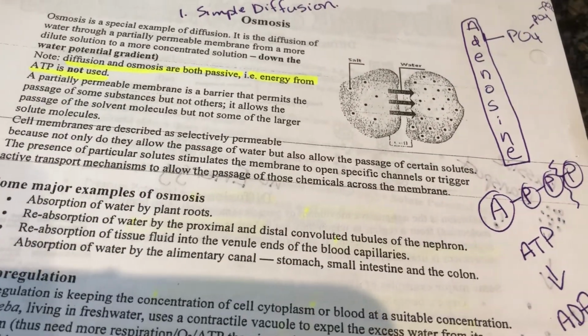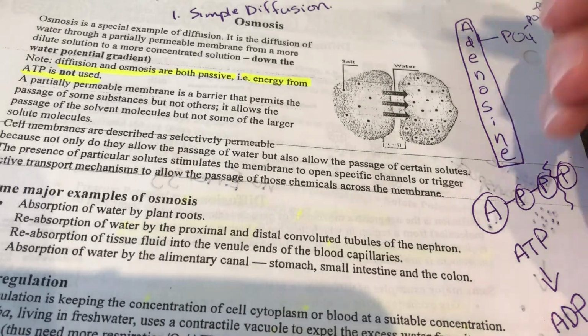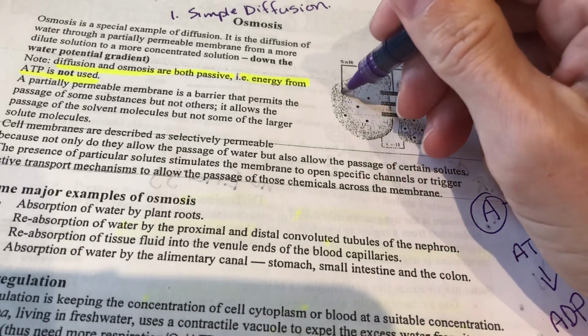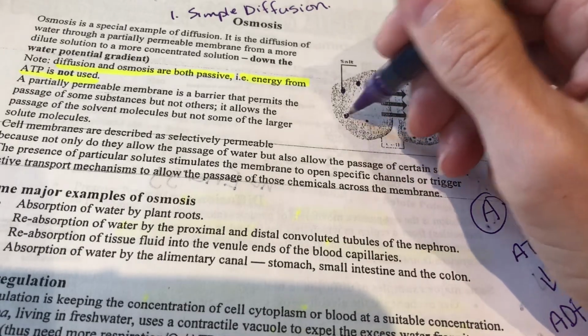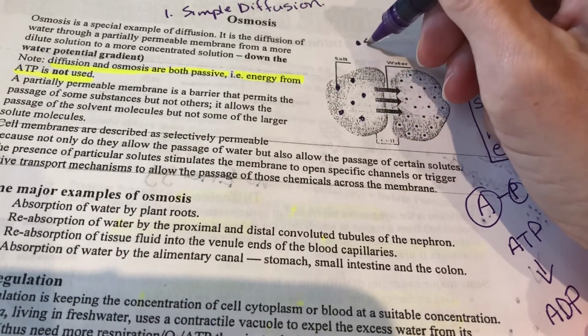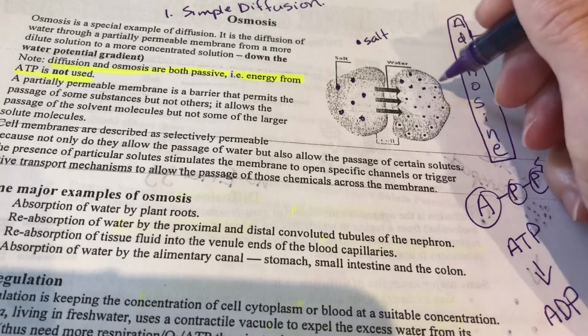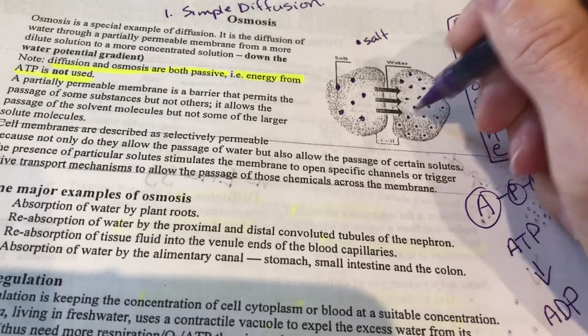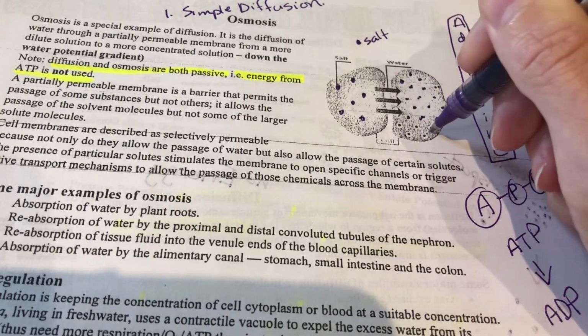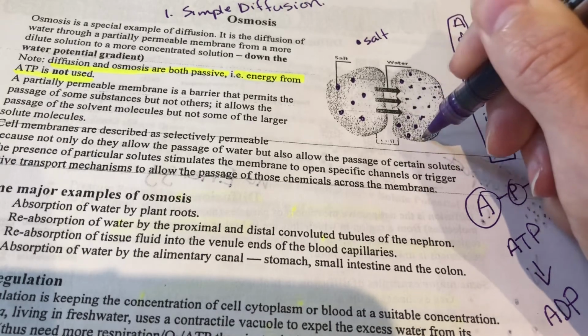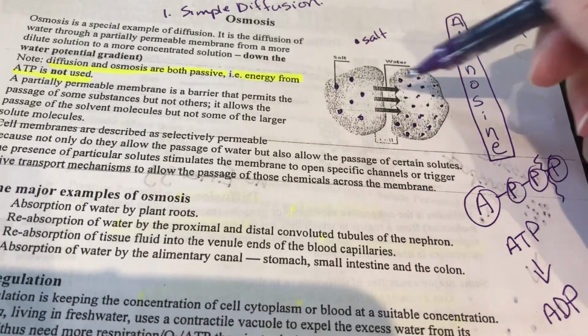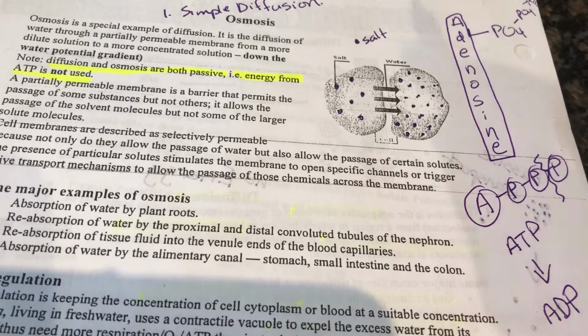So in other words, this diagram is pretty good, so I'm going to show you. If we have salt here, and salt is purple, and we have more salt in the cell that's beside that cell, okay? So we've got a cell that's taken in more salt, maybe you had some salty meals, and this cell has taken the salt in first.